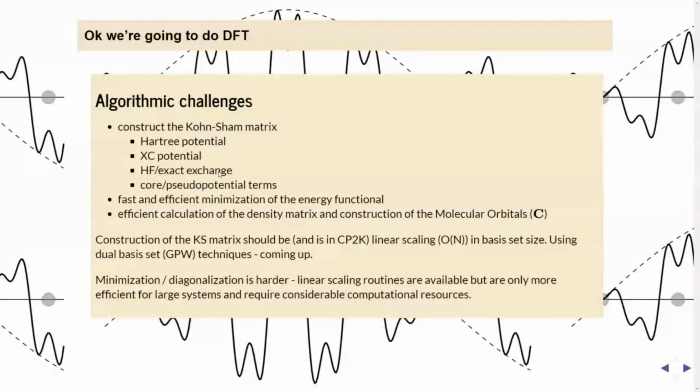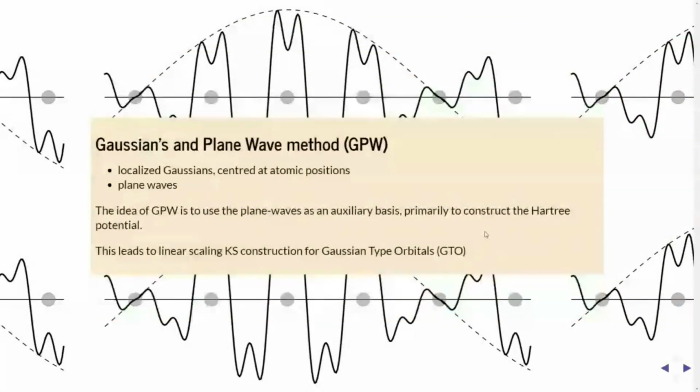Possibly, if you're running a hybrid functional, exact exchange, and core and pseudopotential terms, kinetic energy. So we want to be able to evaluate all those energy terms efficiently, and set up a matrix representation, and then we need to be able to diagonalize that matrix. So those are the two things you need to be able to do efficiently.